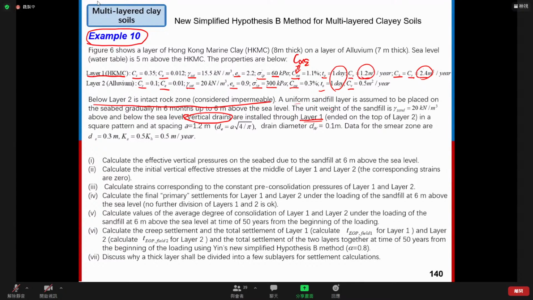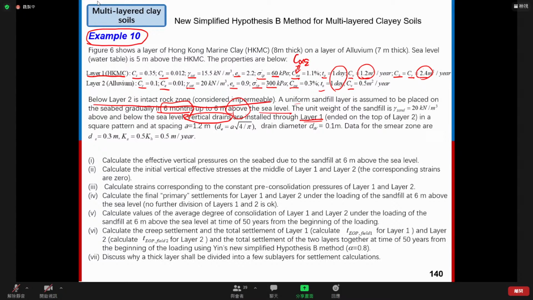And a uniform sand fill layer is assumed to be placed on the seabed gradually in 6 months, up to 6 meters above the sea level. So this sentence implies 2 important messages. The first one is the construction time is 6 months, which means half a year.